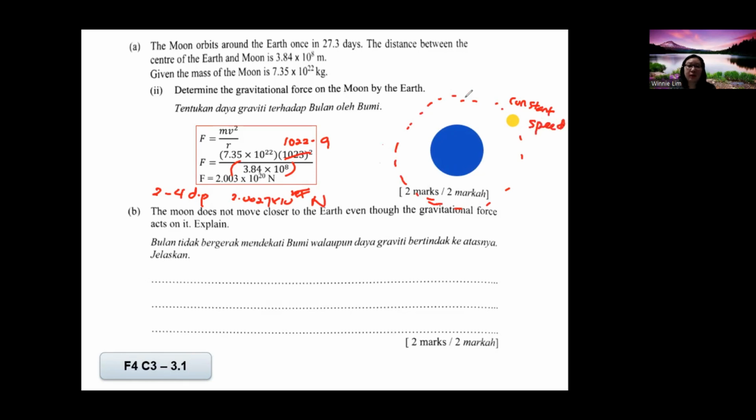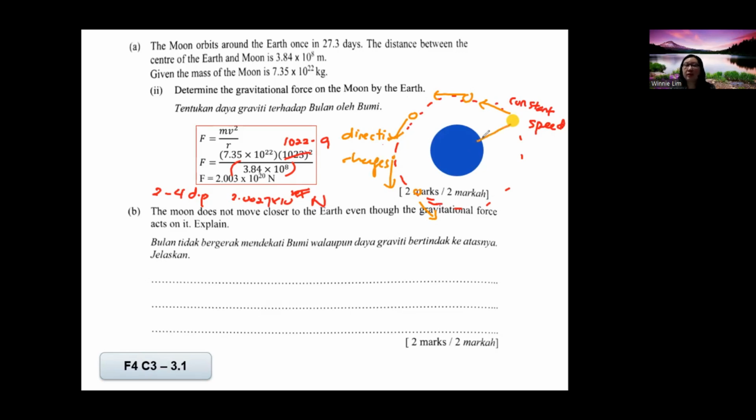But when they move, they always have a tangent line in this way. The value is the same, but if you look at the arrow the teacher drew, the direction always changes. Direction changes.